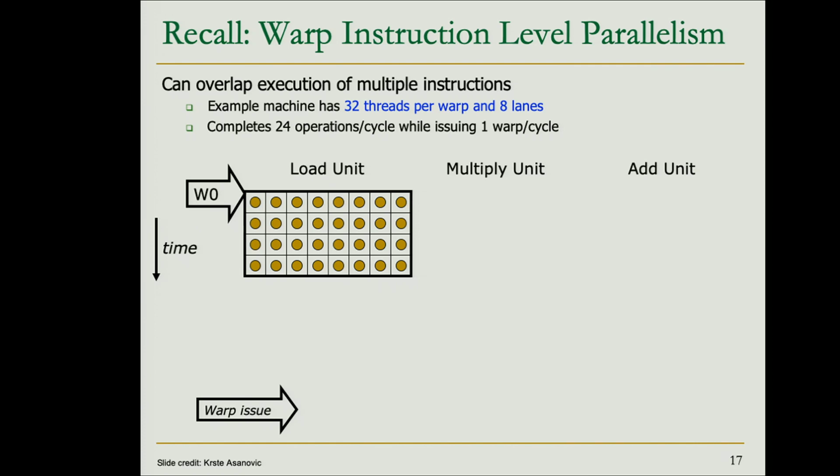So in this example, we have 8 lanes. So if we want to execute 32 threads, what we will have to do is launch 8, 8, 8, 8 up to 32. So in every cycle, we will start executing 8 threads.